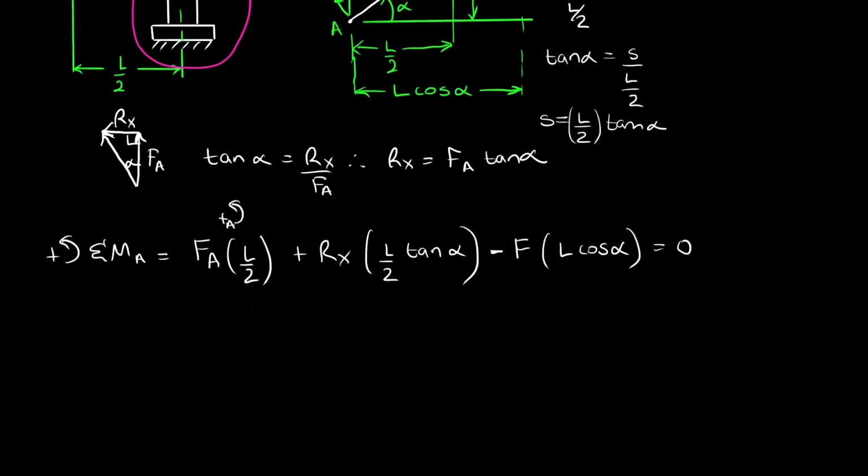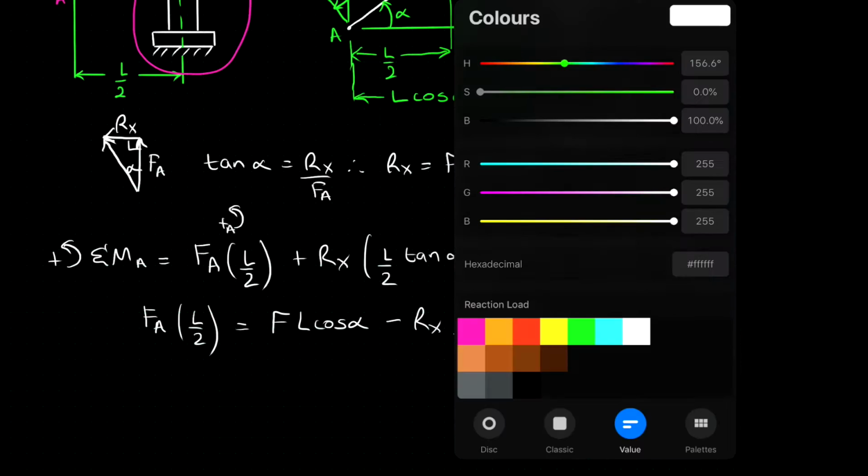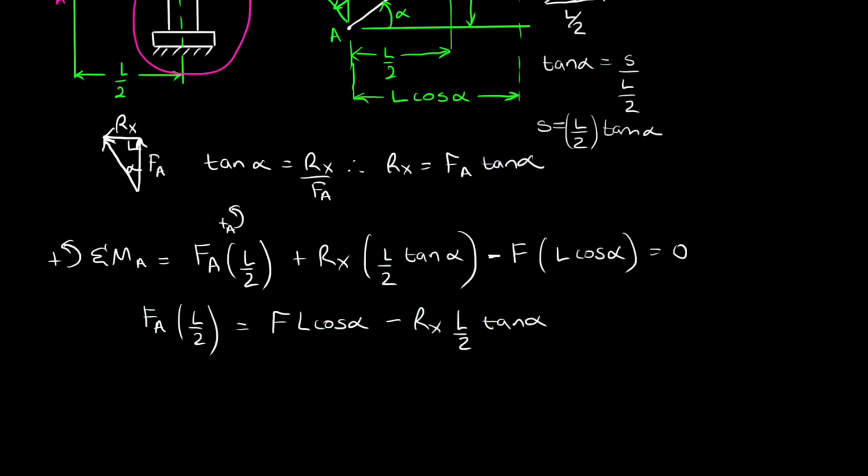So now we can rearrange all of this so that we can determine our actuator force FA. So FA times L on 2 is equal to FL cos alpha minus Rx L on 2 tan alpha. This is probably a good time now to substitute in our value of Rx that we worked out earlier.